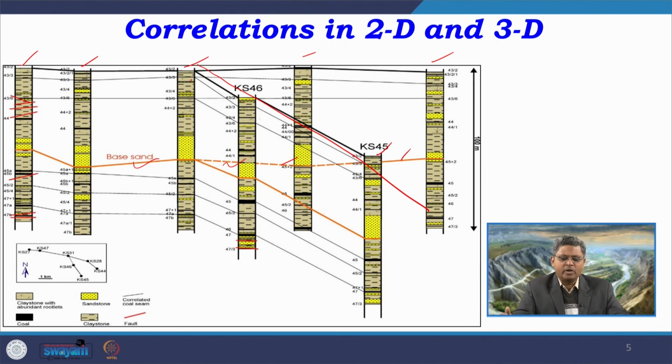So, when we are doing this correlation, this is simply lateral continuity that we try to demarcate of certain marker beds, and based on those marker beds we can correlate the overlying and underlying units. And when we are trying to demarcate this correspondence between these individual marker litho units, we are applying these basic stratigraphic principles.